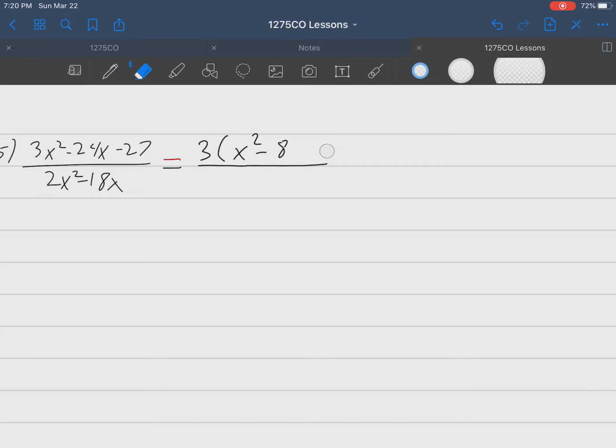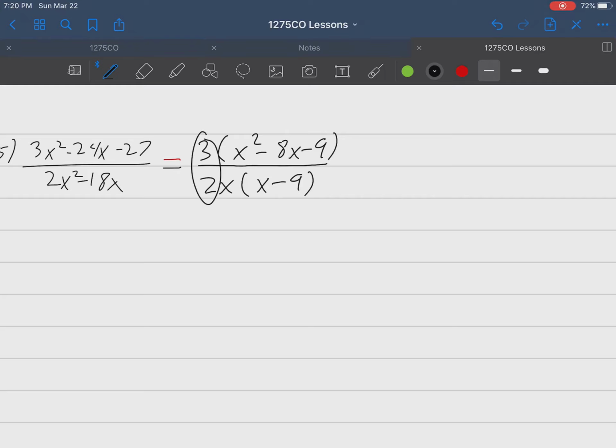So the top becomes 3 times x squared minus 8x minus 9. On the denominator, there is a traditional greatest common factor. Well, I wouldn't say traditional, but there is a greatest common factor and that greatest common factor is going to be 2x. What we're left with is x minus 9, after we factor out that greatest common factor of 2x.